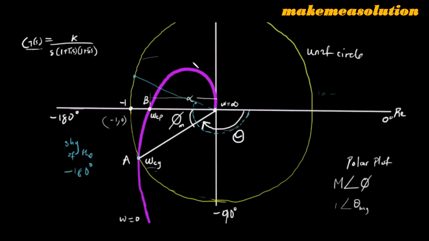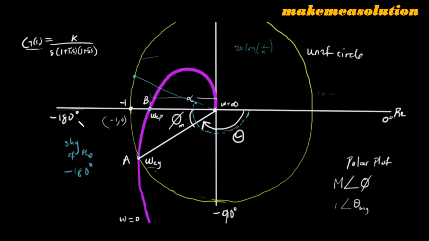Gain margin is 20 log of the reciprocal of this guy, 1 over alpha, where alpha is the distance from here to here.